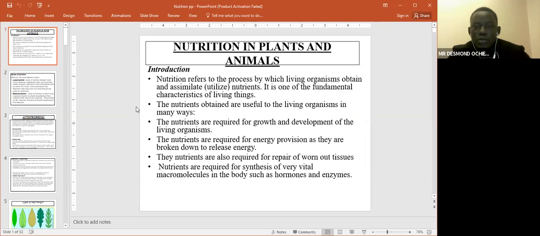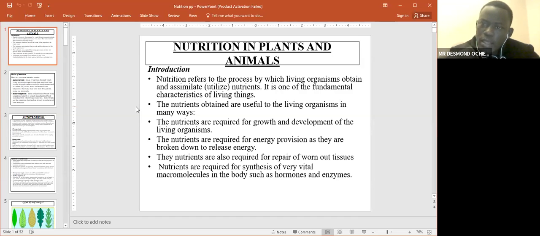So we can say the process by which living organisms obtain or acquire and assimilate or utilize nutrients. So nutrition is that process by which all living things, both plants and animals, obtain or acquire, and then after acquiring, they assimilate or utilize the nutrients within their bodies. And like you can see, I have added there that it is one of the fundamental, basic characteristics of living organisms.